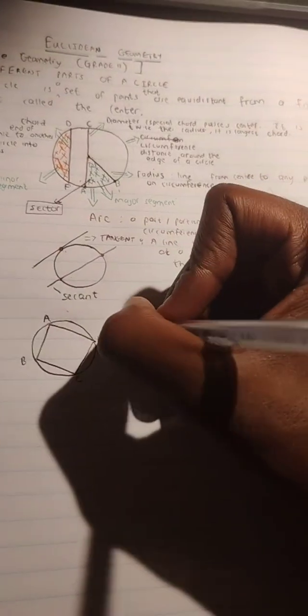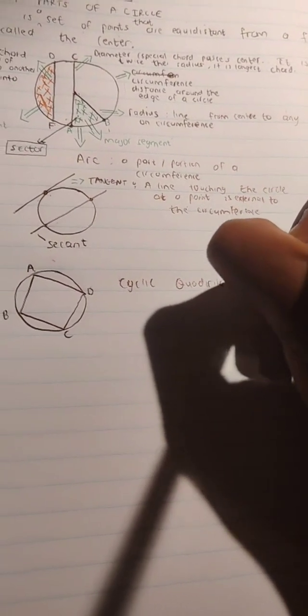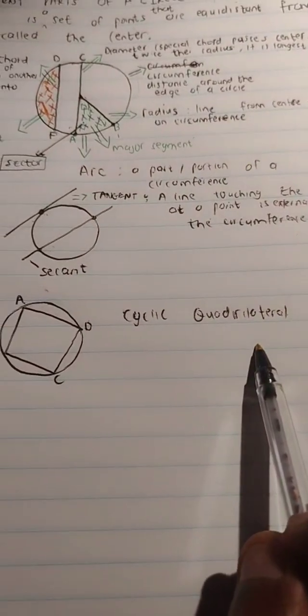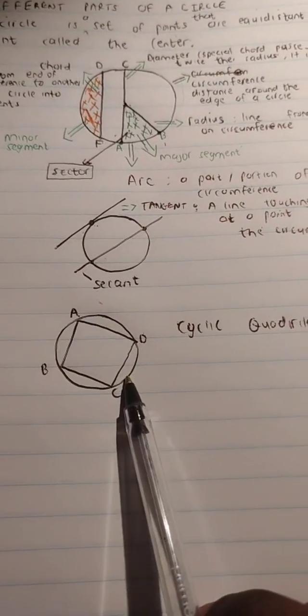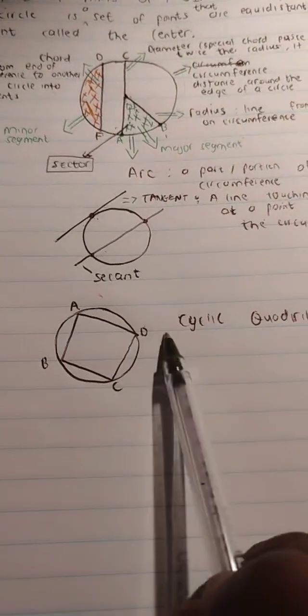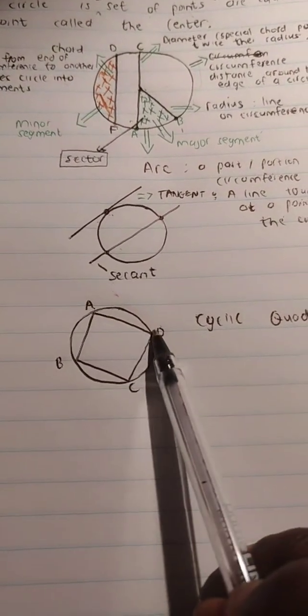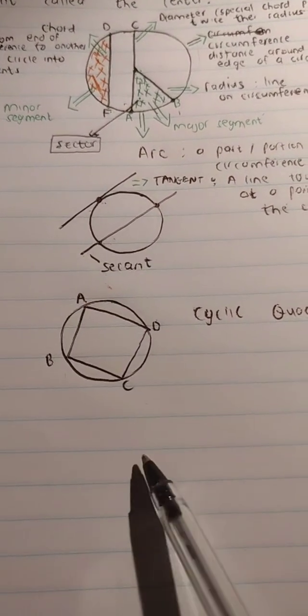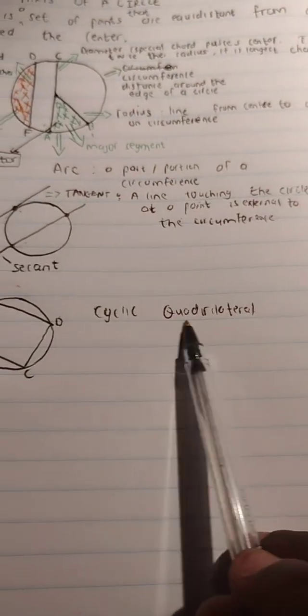In other words, we call this a cyclic quadrilateral. When a circle has a four-sided shape that basically has all its points lying at the circumference of the circle, we say that this here is a cyclic quadrilateral.